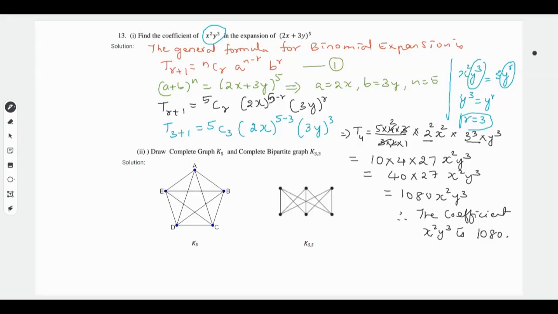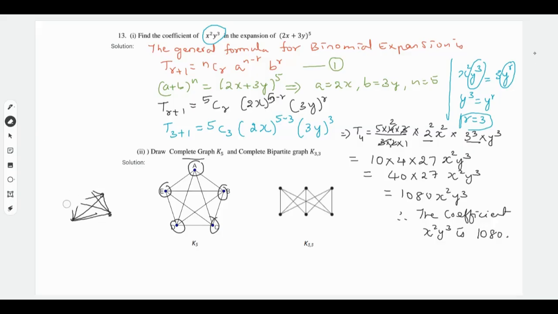Then here, draw the complete graph for K5. K5 means 5 points, 1, 2, 3, 4 and 5 points. So if you take 5 points and connect them, this is how you draw the K5.